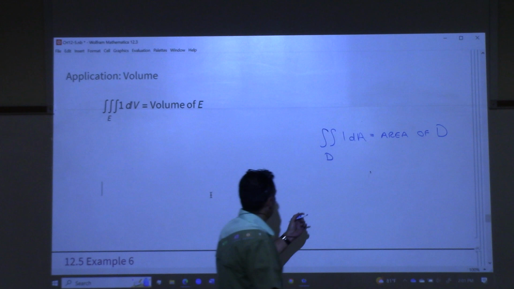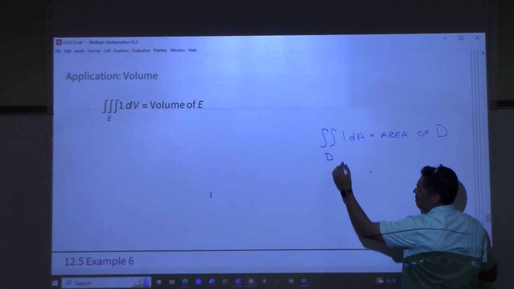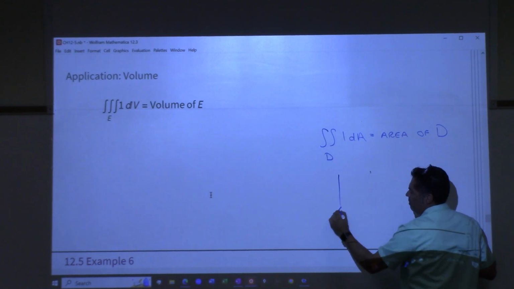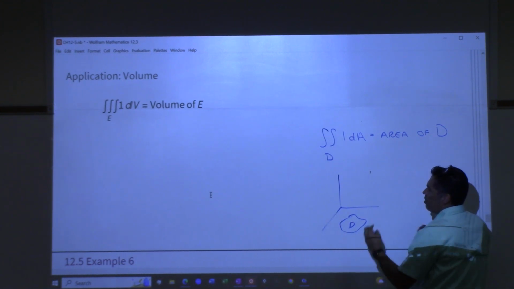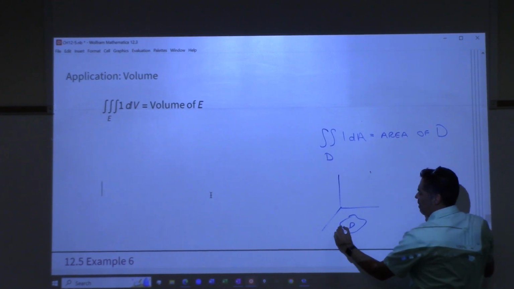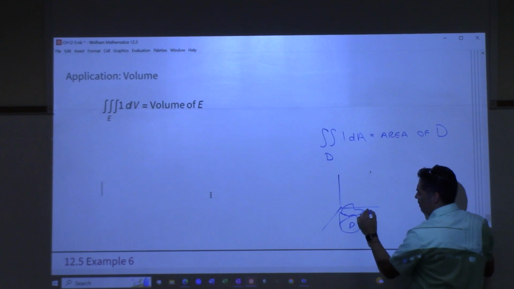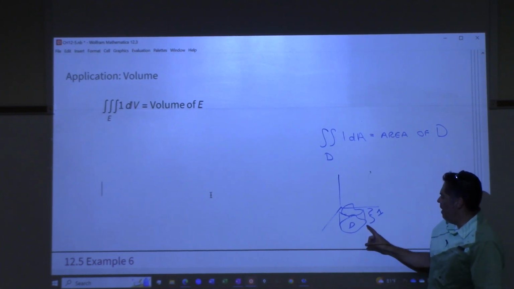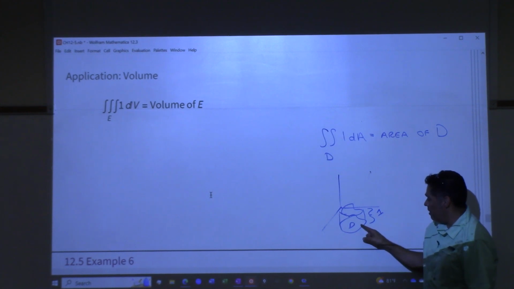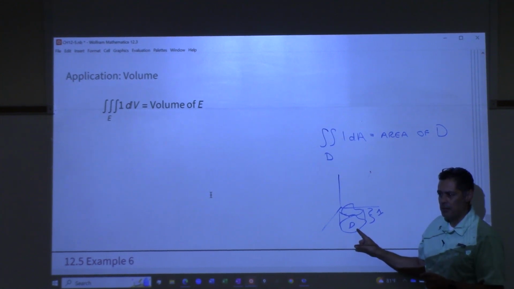It's hard to explain. Look, here on the ground was our domain D. If the height of the function above was 1, if that distance from here to here is 1, then the volume of that solid is numerically equal to the area of D.